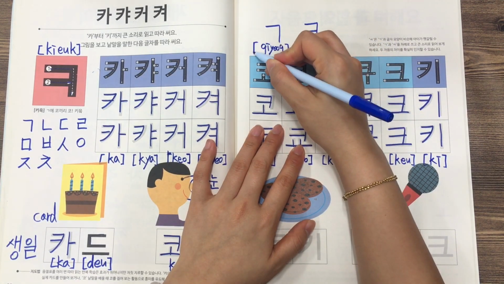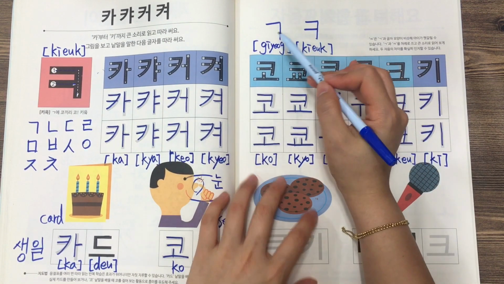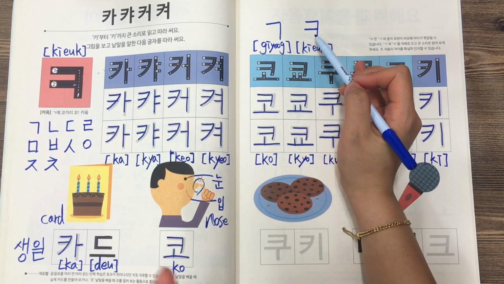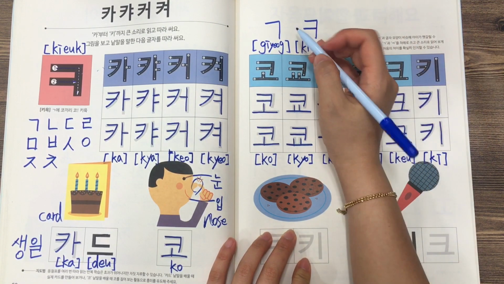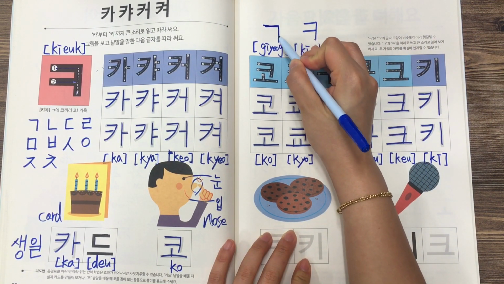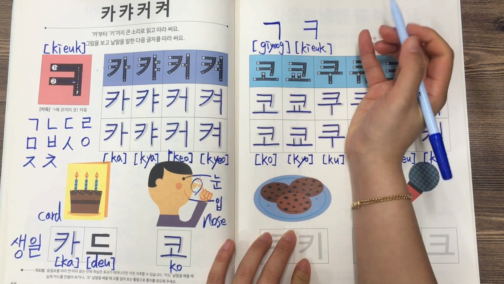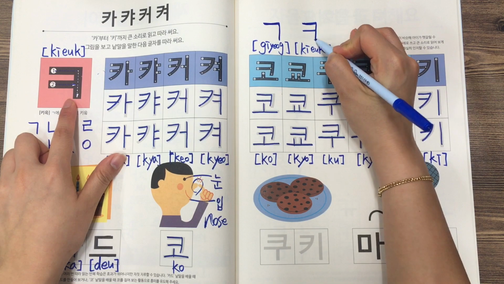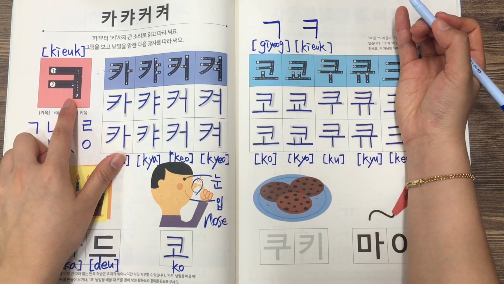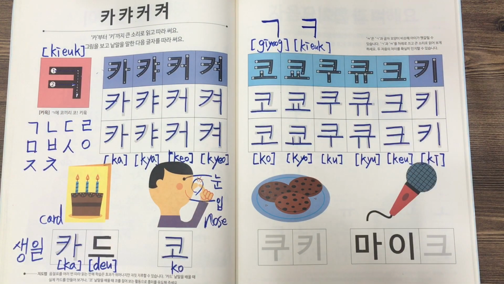Actually, these two consonants are very confusing, right? But it's a different consonant. 기역, this is 기역, and this page, this consonant is 기역. Okay? So don't confuse.